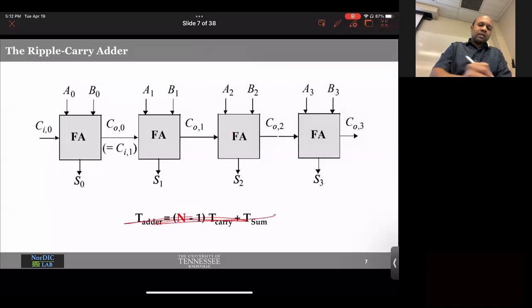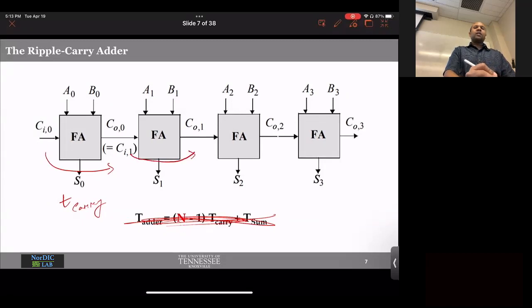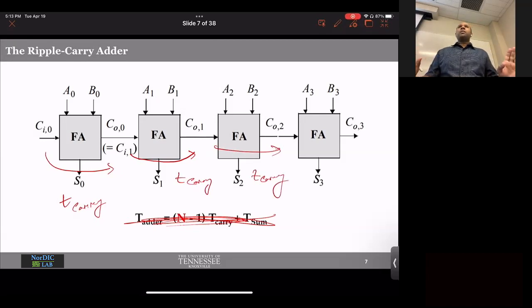T amount of time to create a carry. Okay, so can I name it T carry? Just to make it easy to understand. So how much time will the next stage take? Same for the next stage, right? Any problem so far?